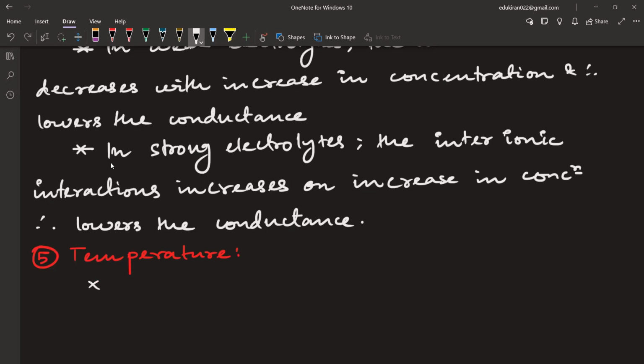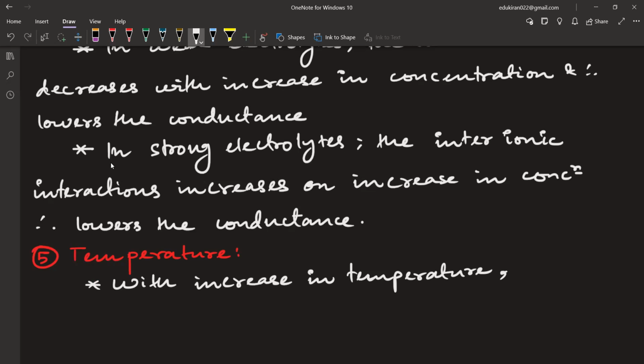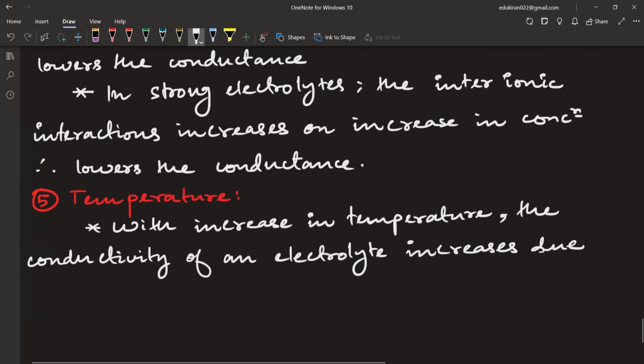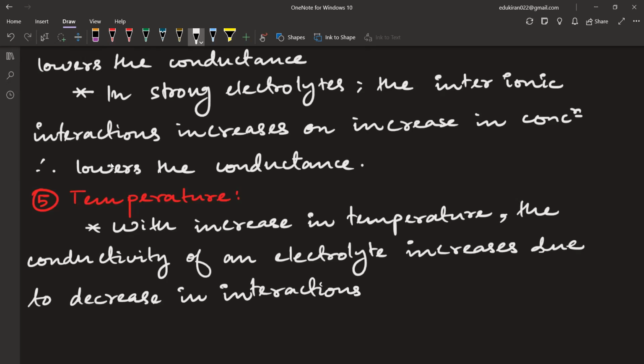With increase in temperature, the conductivity of an electrolyte increases due to decrease in interaction between ions.